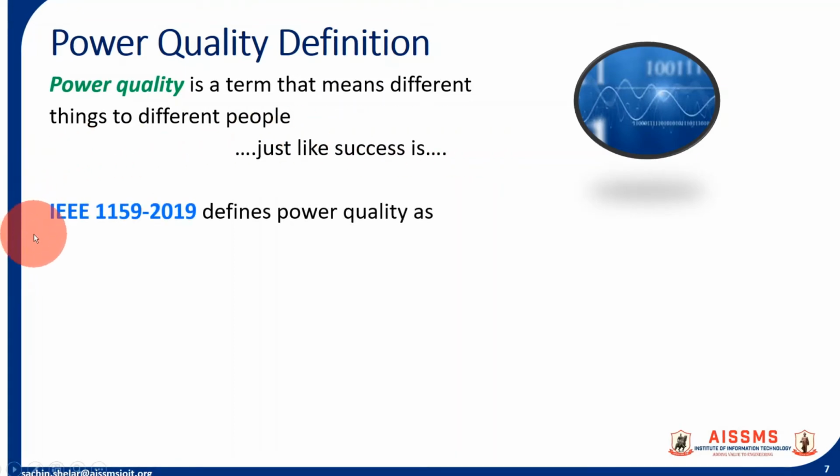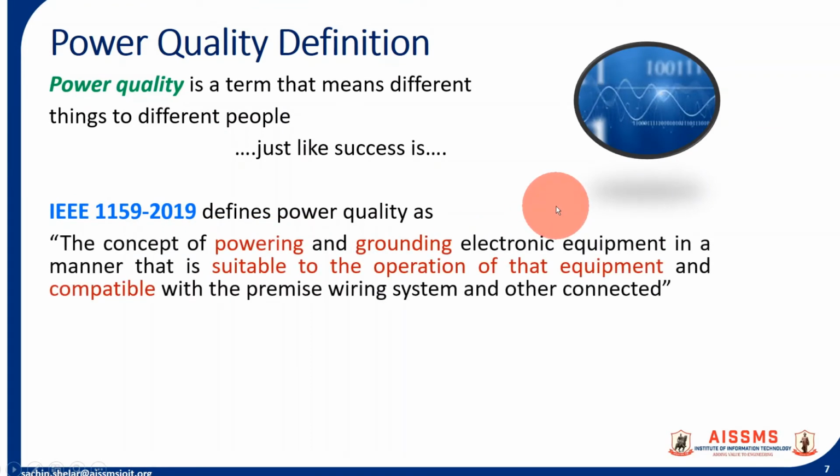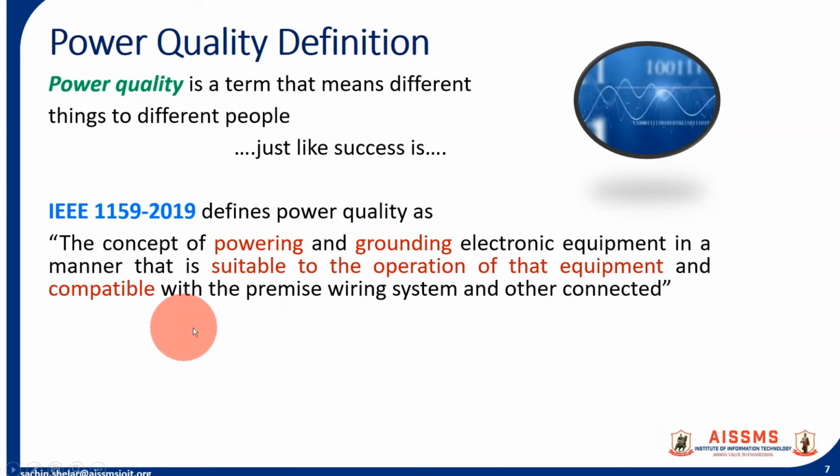The IEEE 1159/2019 defines power quality as the concept of powering and grounding electronic equipment in a manner that is suitable to the operation of that equipment and it is compatible with the premise wiring system and other connected equipments.